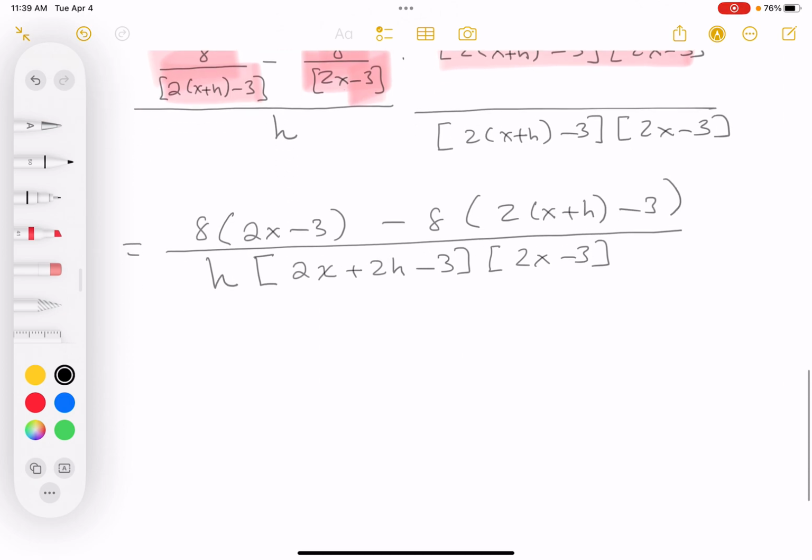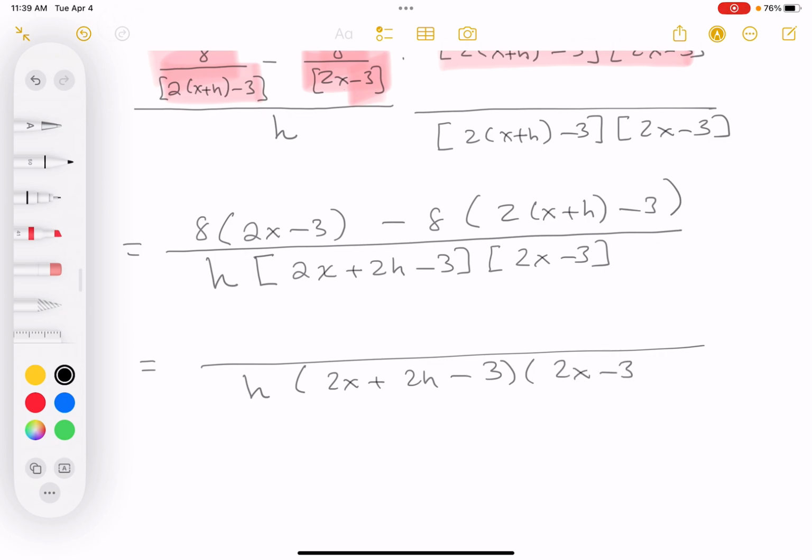All right? So I'm going to hope for the best. Hope this thing simplifies nicely. So let's write this down. 2x plus 2h minus 3, 2x minus 3. I'm looking at the top, and I want to go through it slowly.